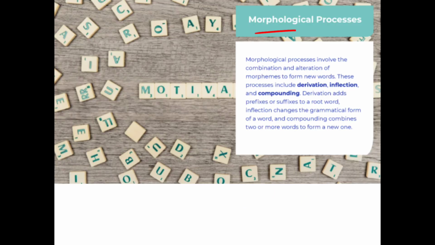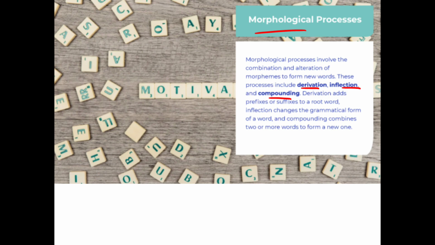Now, morphological process. Morphological process involves the combination and alteration of morphemes to form new words. We have three morphological processes. The first one is derivation, the second one is inflection, and the third one is compounding. Derivation adds prefixes or suffixes to a root word.